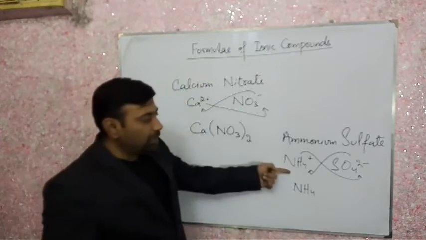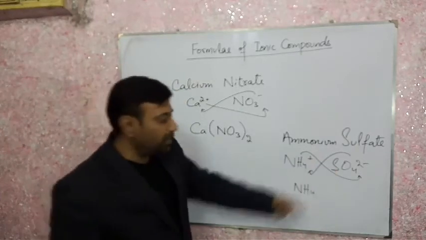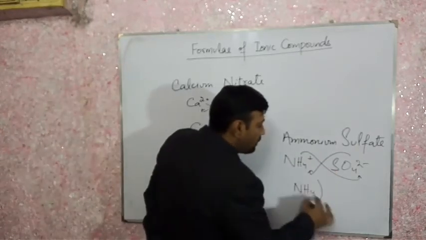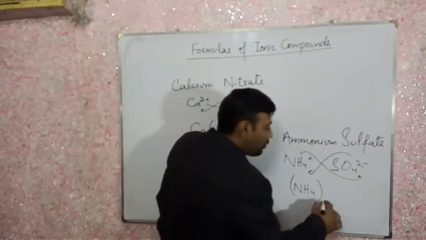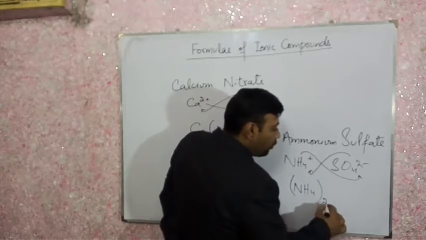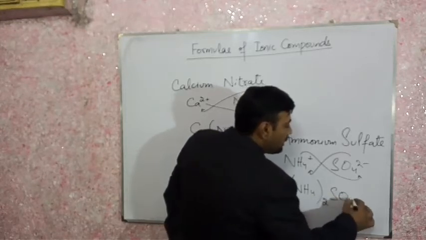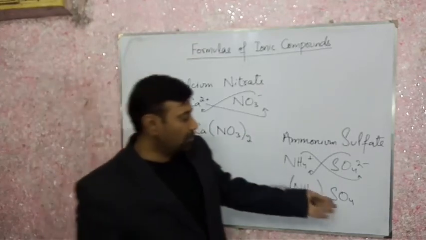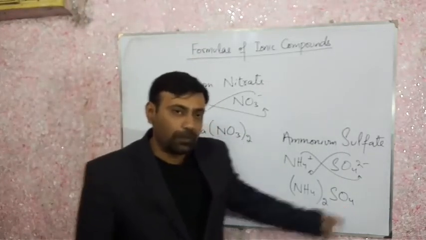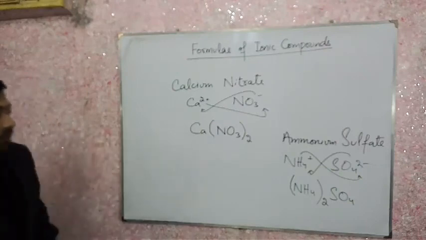There would be 2 ammonium ions to balance out the charge on the negative ion, so we have to put a bracket because there is more than one atom in this ion. So ammonium ion will be (NH4)2 and then there is SO4. We do not write 1 in the formula, so that would just be SO4. This is the formula of ammonium sulfate.